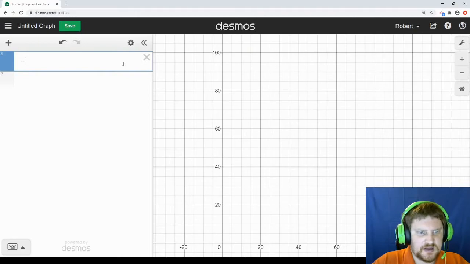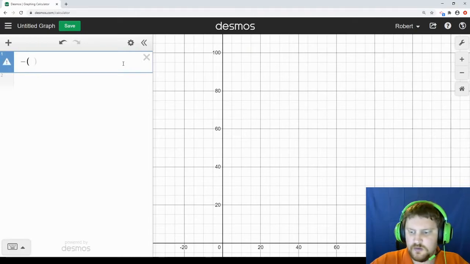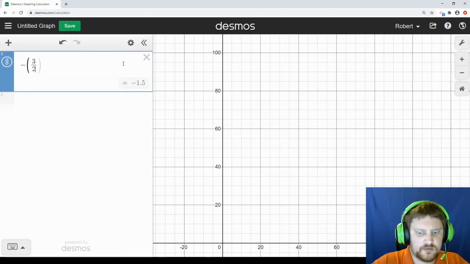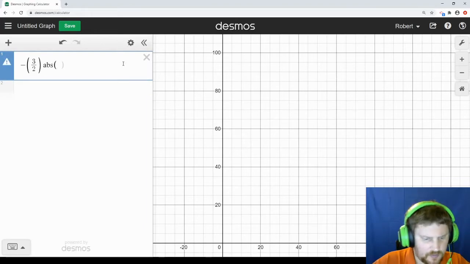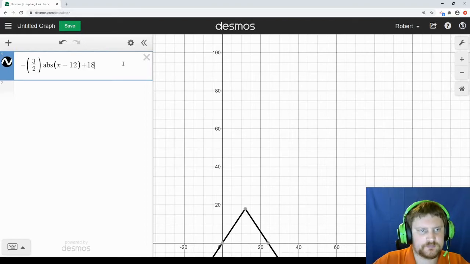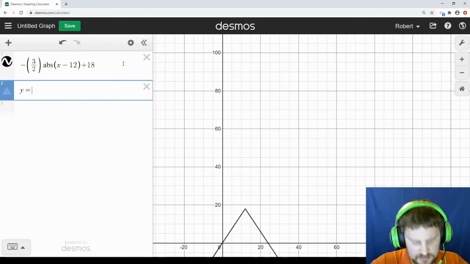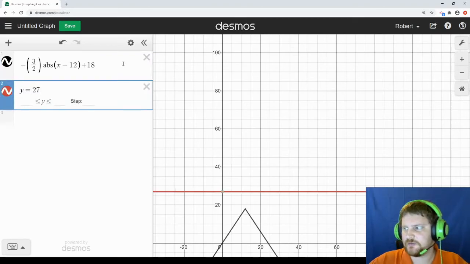So, negative 3 halves absolute value of x minus 12 plus 18. And on the other side, y equals 27.